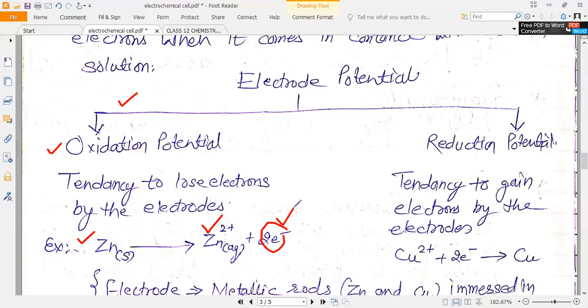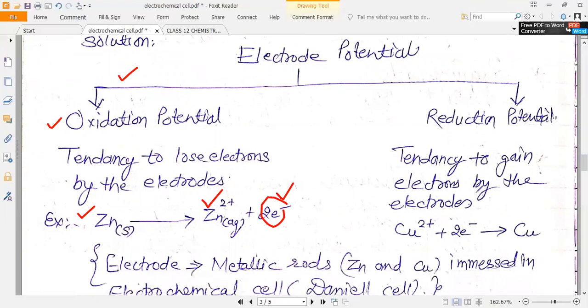So at the anodic portion of the electrochemical cell, there is oxidation potential for the zinc rod, whereas on the right-hand side there is reduction potential. Reduction potential means the tendency to gain electrons by the electrode.